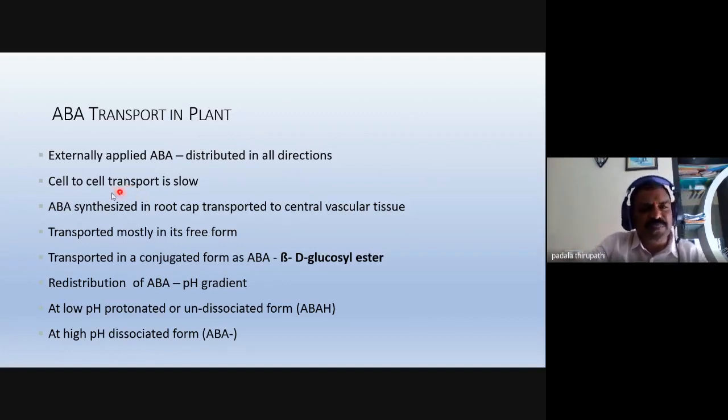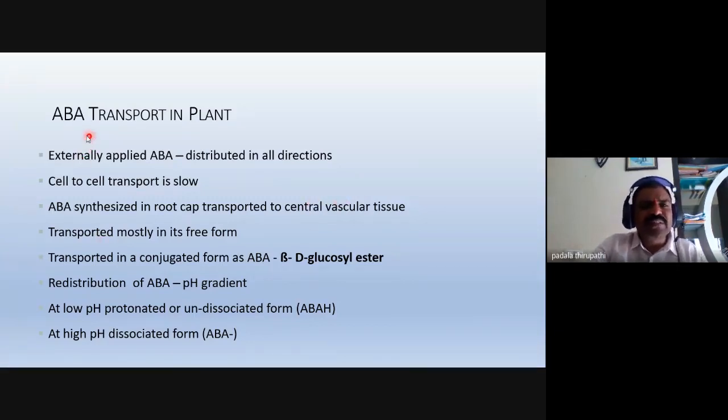Then ABA is synthesized in the root cap and transported to the central vascular tissue. Generally, ABA is synthesized in the root cap of the root, and transported to the central vascular tissue, the root xylem and different parts of the plants.